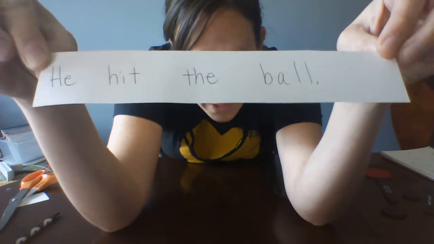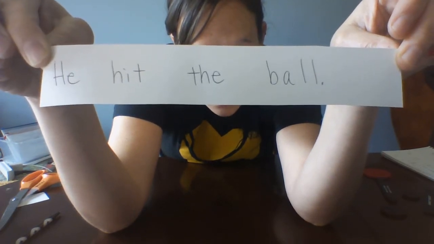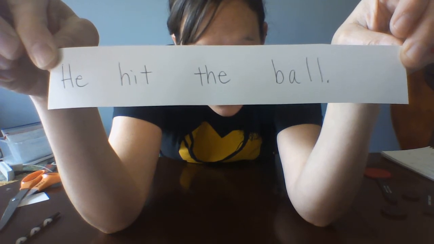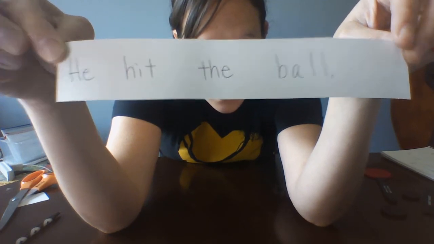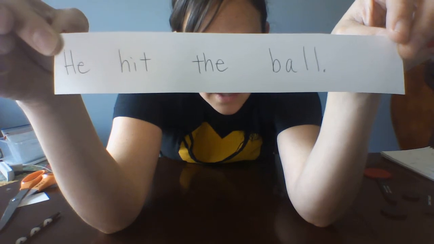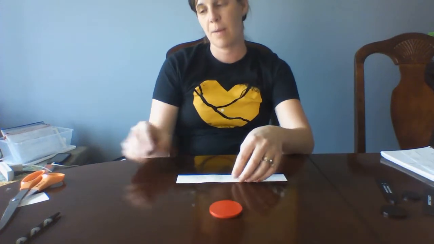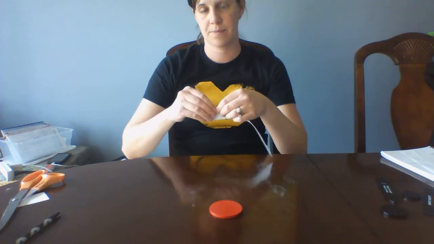Okay, let's see if you can read this one. I'm going to give you time to read it. It says, he hit the ball. Okay, so the first thing we do is we always find our action word, our verb. So think about what the action word is.